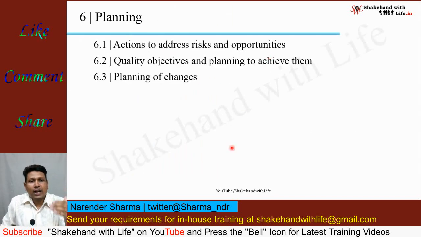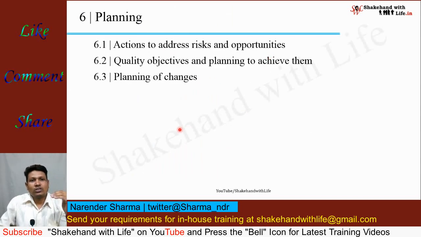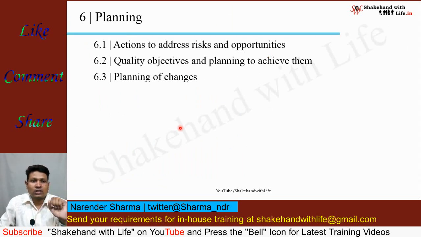So I'm just reminding you about clause 6, which is about the planning of the quality management system. It has three subclauses. 6.1, actions to address risks and opportunities, which I discussed in my previous video. In this video, I am going to discuss 6.2, quality objectives and planning to achieve them.